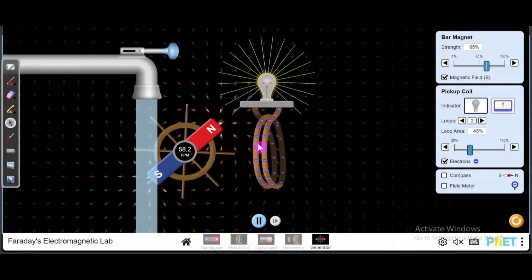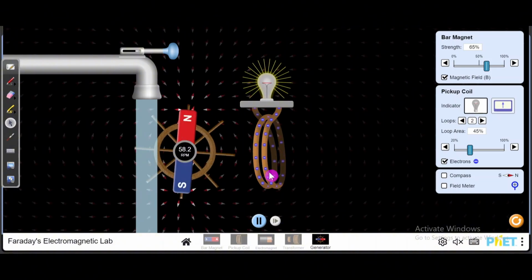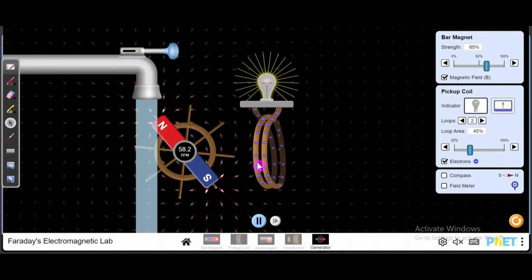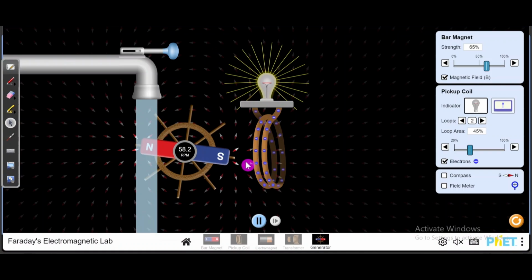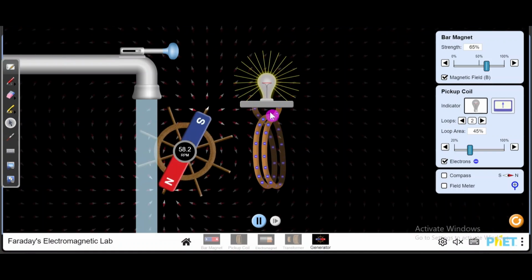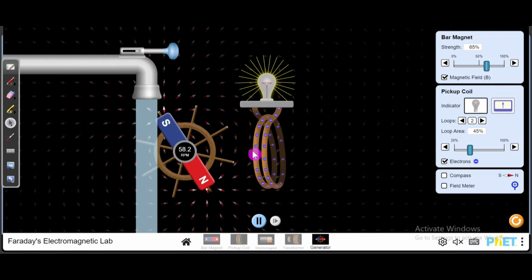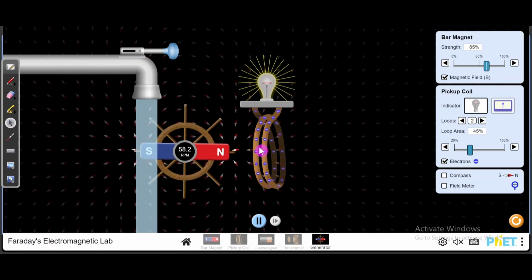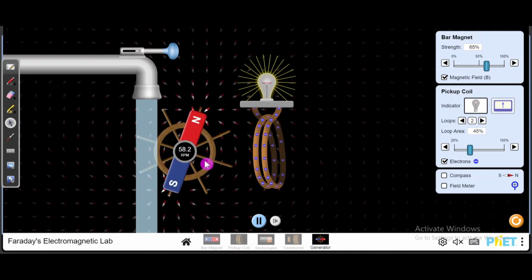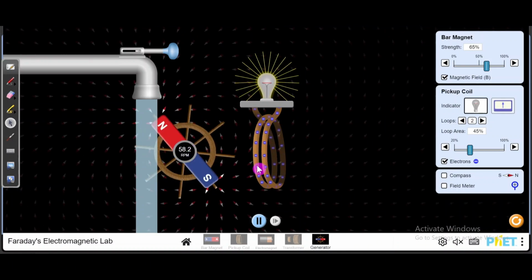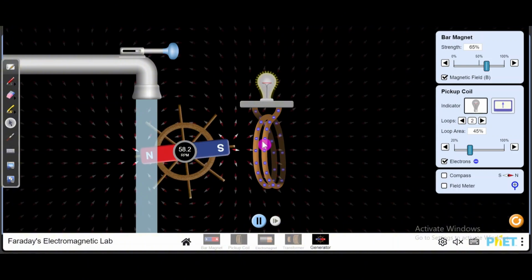So if we bring the coil inside the region in which the magnetic field is changing, the electric field will be induced in the conductor of the coil. So here that electron, due to the change in polarity of this magnet, will vibrate about its mean position.